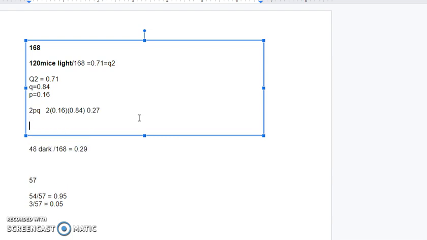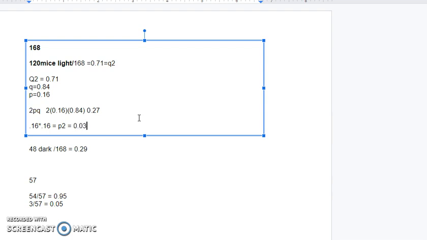So now we're going to find our p squared, and p squared is equal to 0.03. If we take our p, 0.16 times 0.16, because we're squaring it, our p squared, our homozygous dominant, is equal to approximately 0.03.